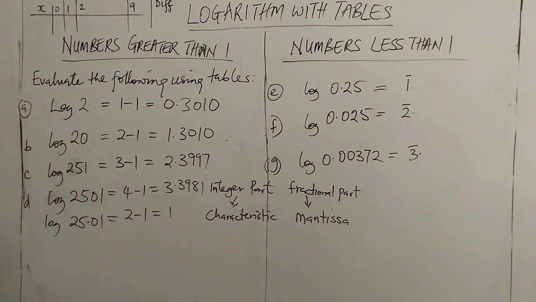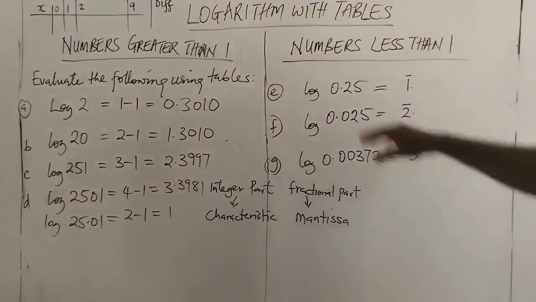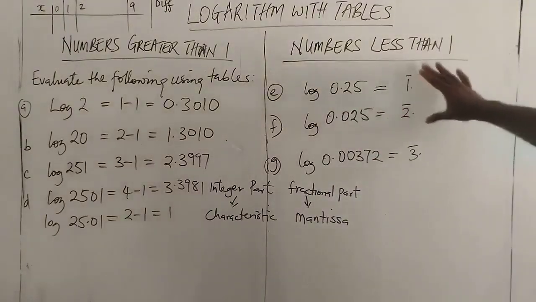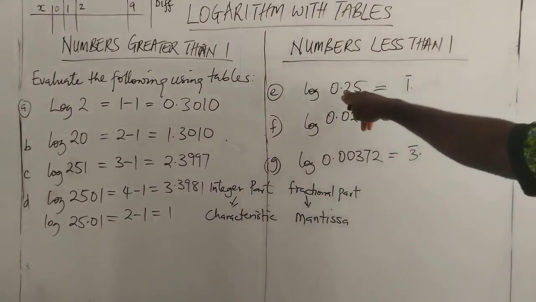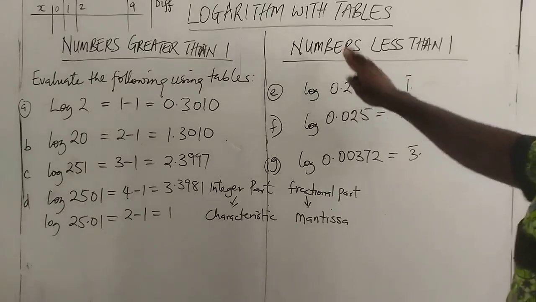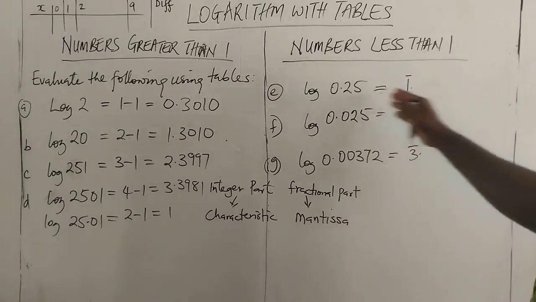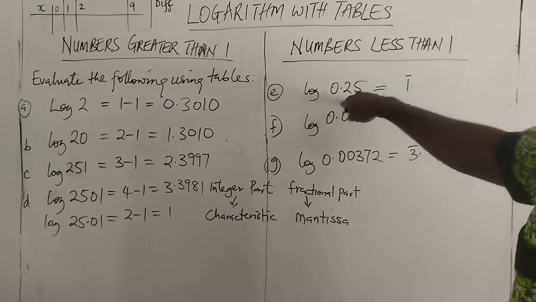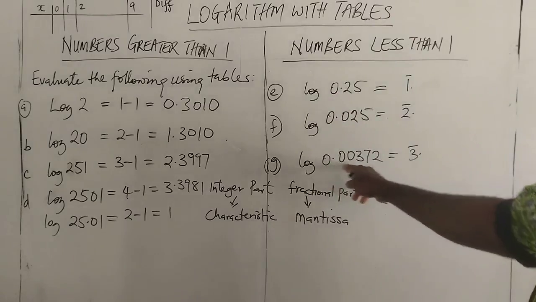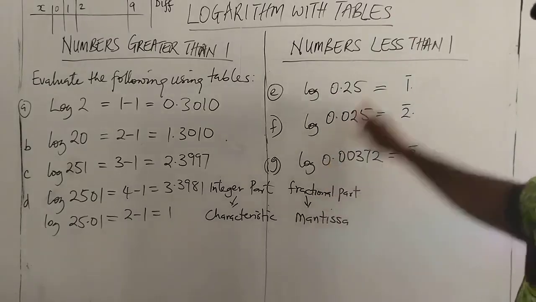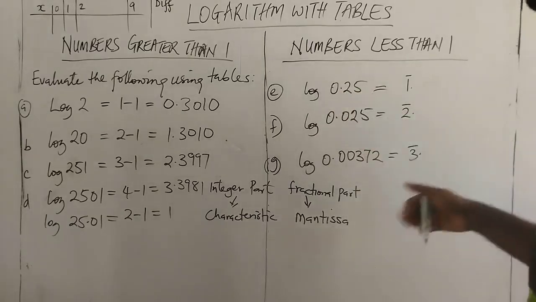Now, the next one is this 0.25. We have found the characteristic. So if you go to the 4-figure table, you look out for 25. Only the significant numbers, the significant number part of the question, that's what we consider. All these zeros will not be considered again when you are looking for the mantissa part. So you look for 25 under 0.